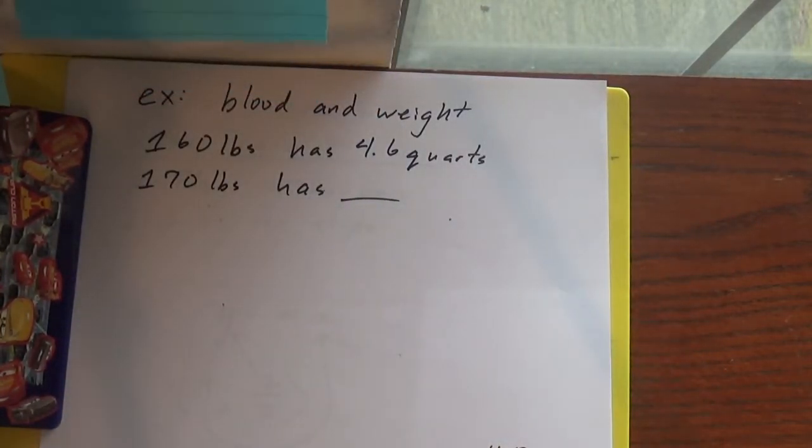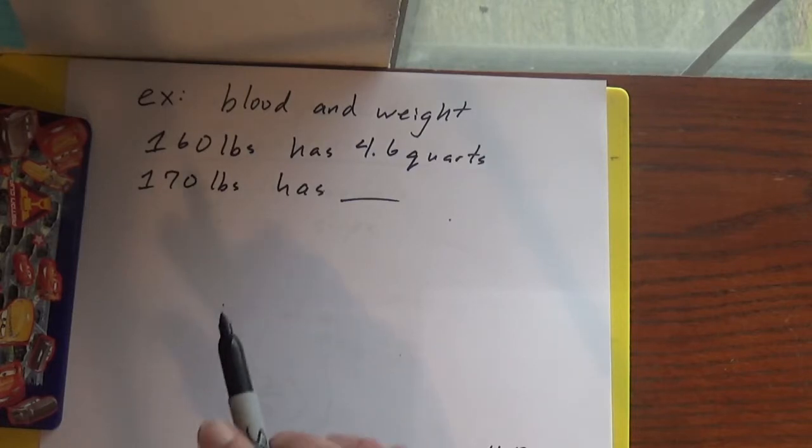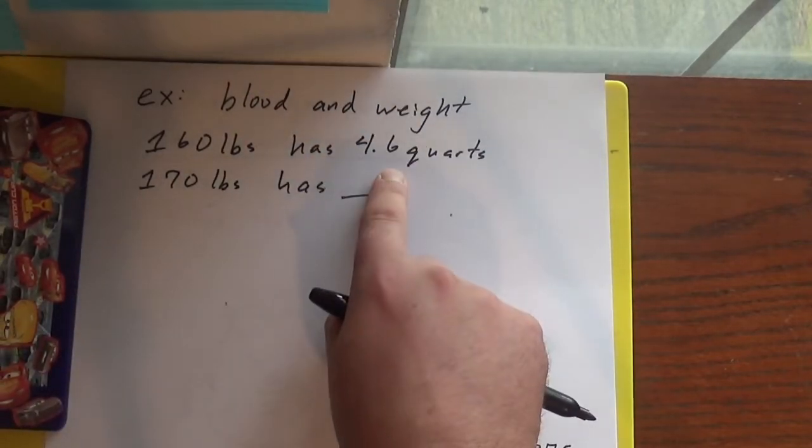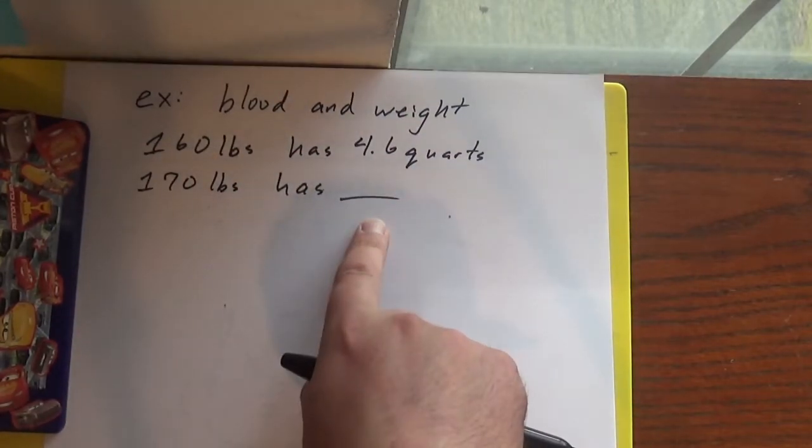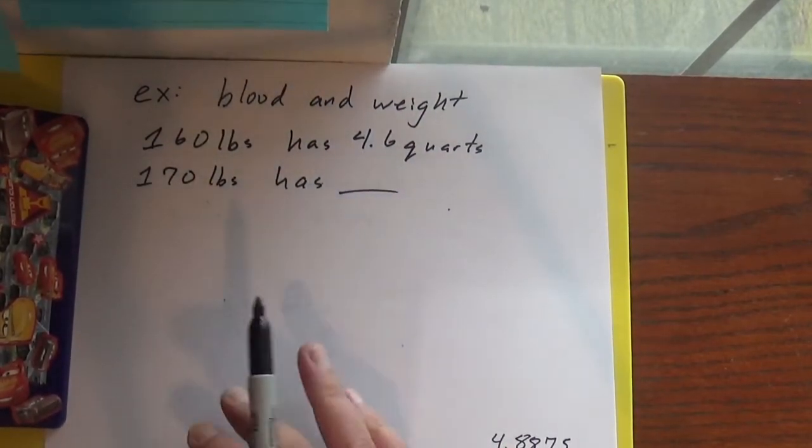Alright, an example from our Algebra 1 book. Let's say that the quarts of blood in your body vary directly with the body weight. It's kind of a weird problem, but it's an example. So in this case, they say they vary directly, and they gave us pounds, quarts, pounds, and then wondered what quarts is for 170.